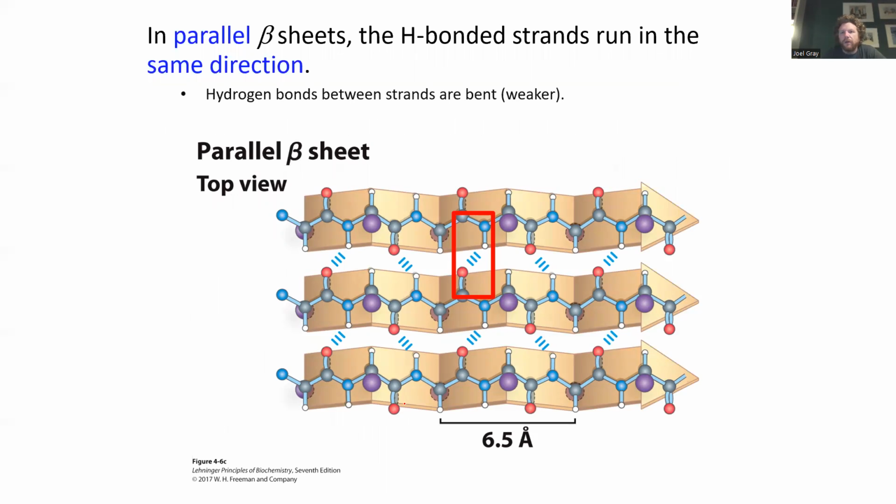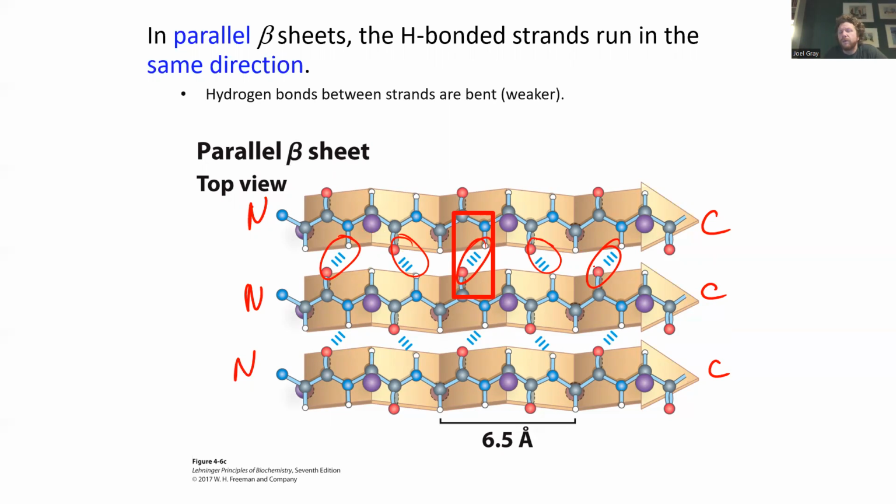In parallel beta sheets, the hydrogen-bonded strands run in the same direction. Notice here's our N to C, N to C, and finally N to C. What I want you to notice is this right here, this right here, this right here, and so on. These are our hydrogen bonds.